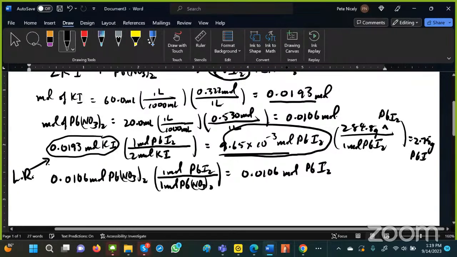All right, so this would be the question being answered. That's an example of a typical solution stoichiometry type problem.